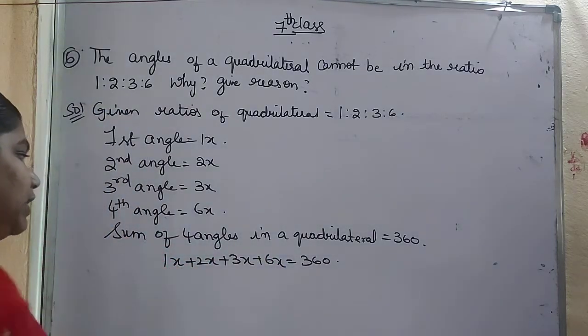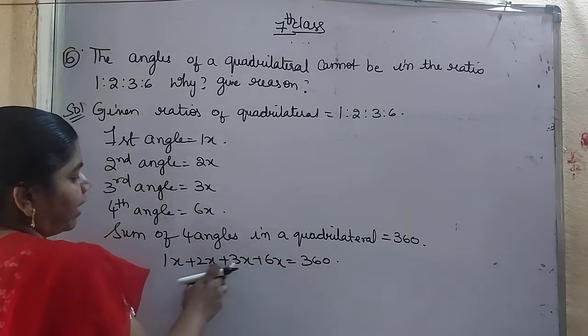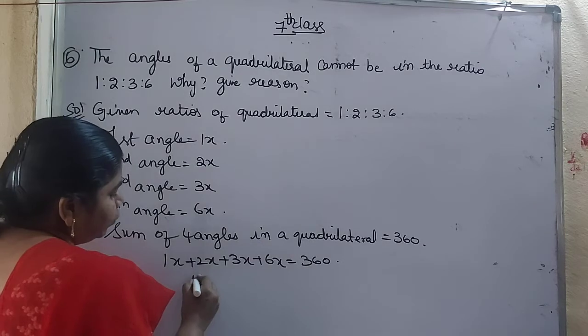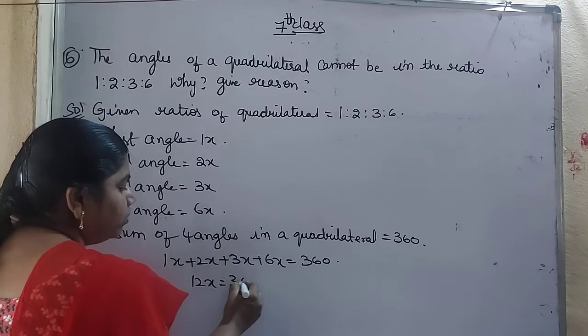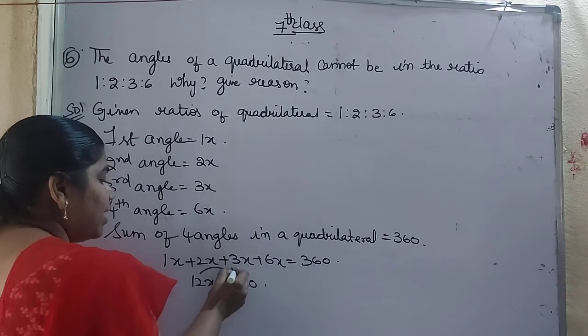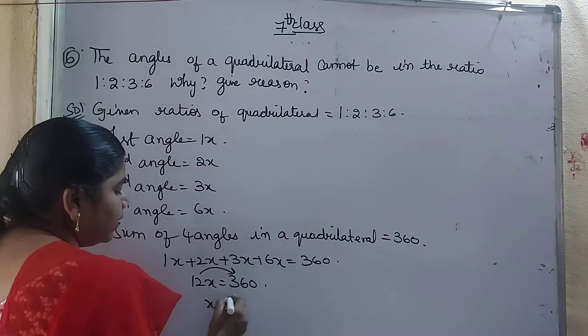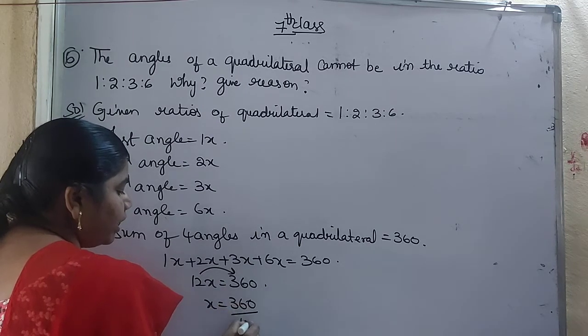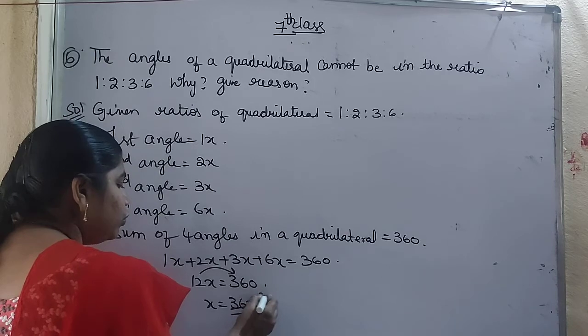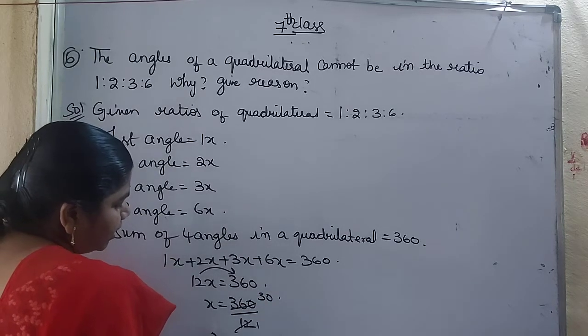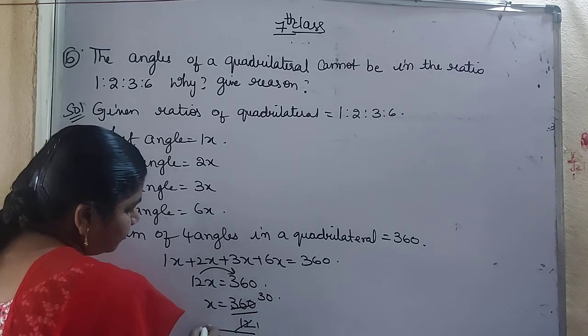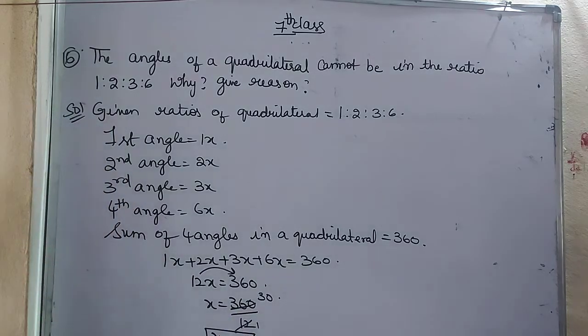Now add all the values. 6 plus 3 is 9, 9 plus 1 is 10, 10 plus 2 will be 12. That is 12x is equal to 360. Transpose 12 to the other side, so x will be equal to 360 by 12. 12 threes are 36, 12 thirties are 360. That is the x value we got as 30 degrees.